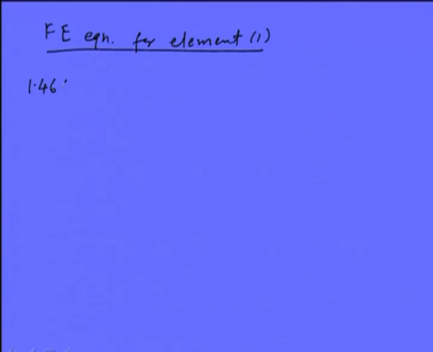This is the finite element equation for element 1. In this we have first the mass matrix, which is 4 by 4 size.